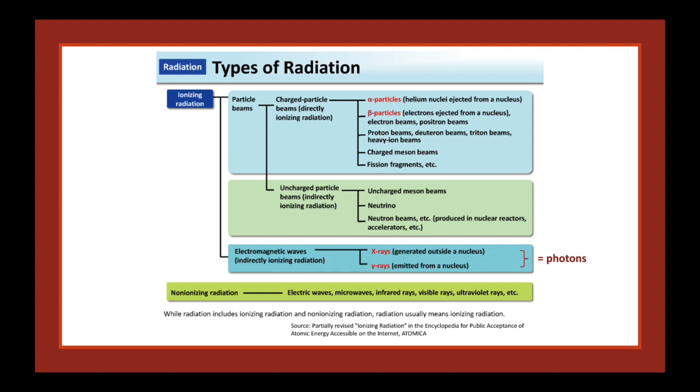And then particulate radiation is divided into charged and uncharged particles. And then we talked about those interactions that are actually happening when the radiation hits the body. We talked about the photoelectric effect and the Compton effect. But without getting into too much detail about it, the biggest thing to remember is that all these ionizing radiations are leading to the production of electrons and ionized atoms.